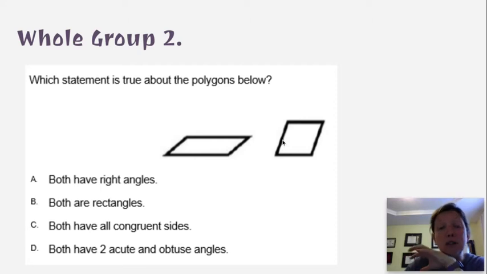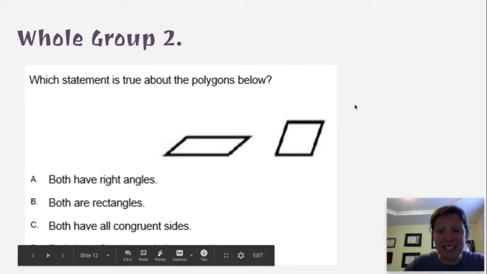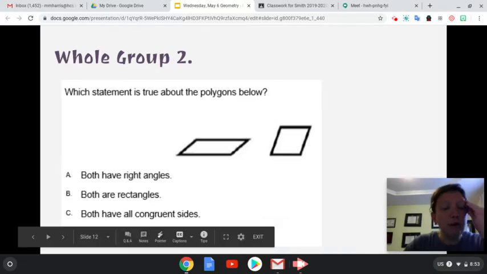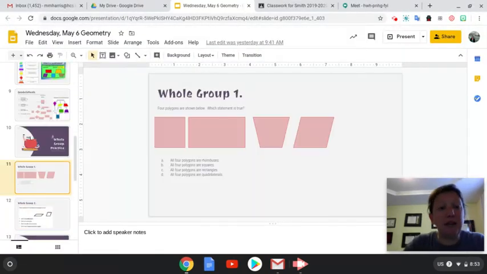It's smaller than that right angle, so it's an acute. This is an acute angle, and this is an acute angle, so our answer is D. Both have two acute and two obtuse angles.